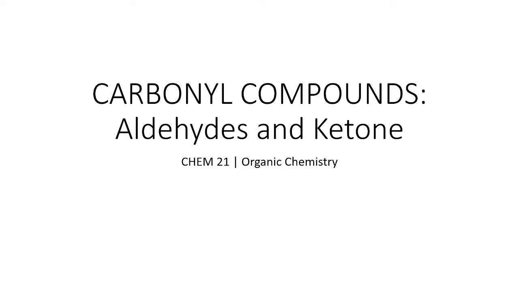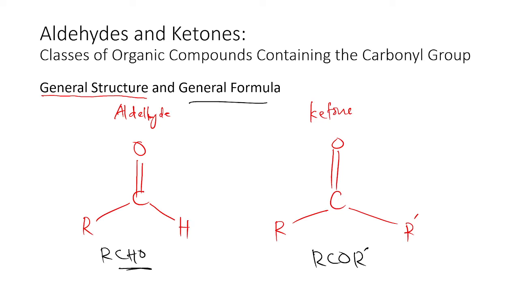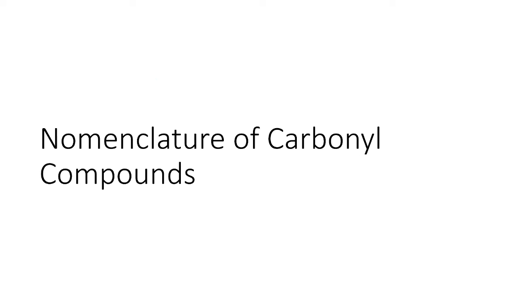For today we'll continue our discussions of carbonyl compounds, namely aldehydes and ketones. As we discussed last video, we talked about carbonyl compounds and their general structures. We identified aldehydes and ketones as members of the carbonyl group.